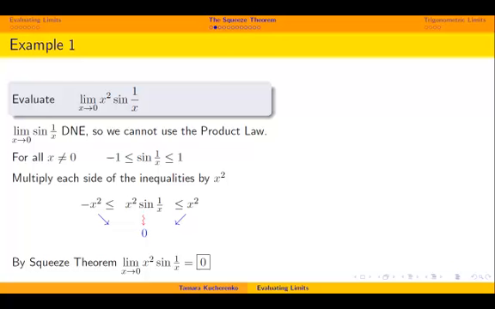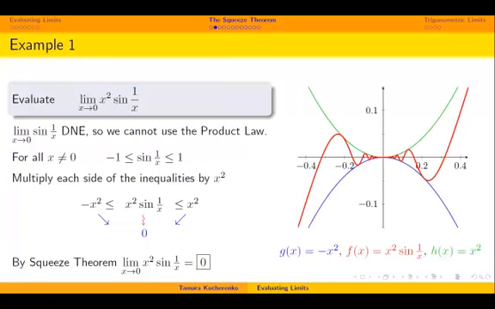To gain a visual insight, we graph all three functions. The function in question, x squared sine 1 over x, is graphed in red. It is trapped between two parabolas: the upside down one, negative x squared, in blue, and x squared in green.